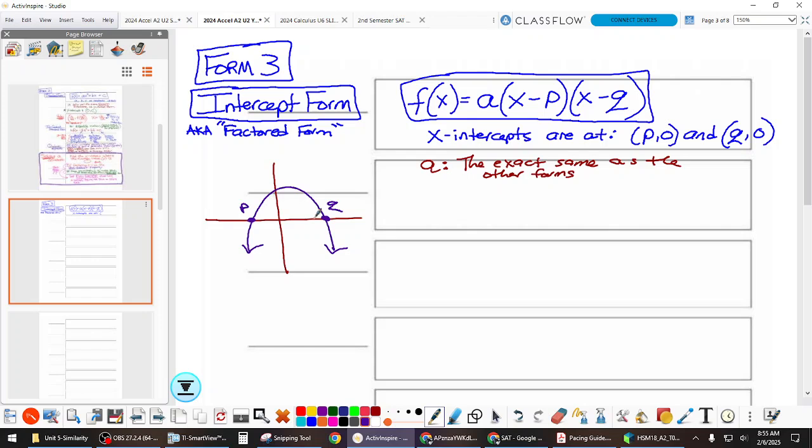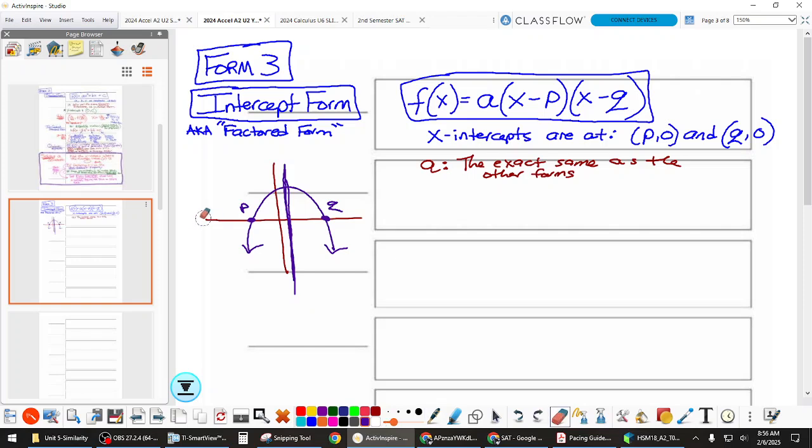Okay, if we add these points and then divide by 2, it will tell us what's right in the middle. So that's what we call averaging the x-intercepts. That will give you the x-coordinate, and then the usual y-coordinate is just plugging that value in. Good?